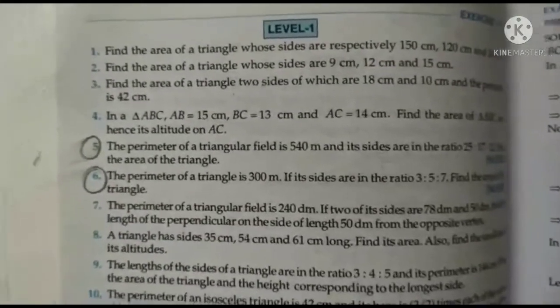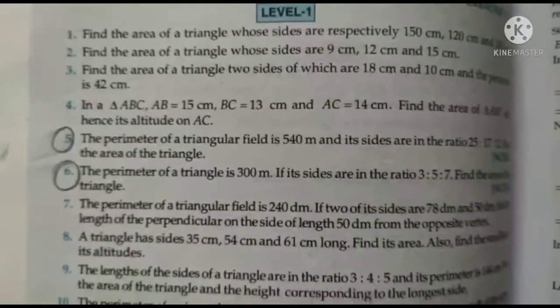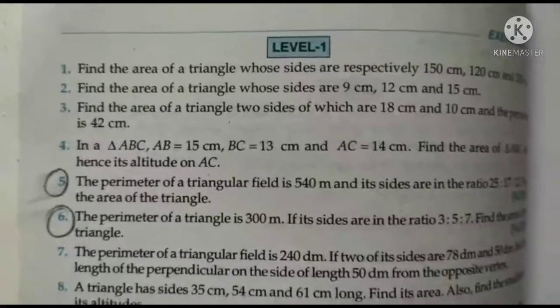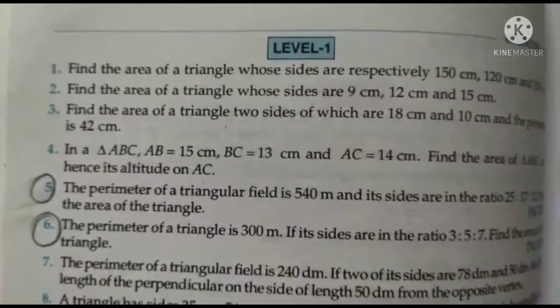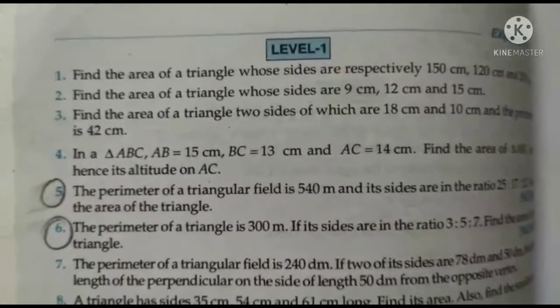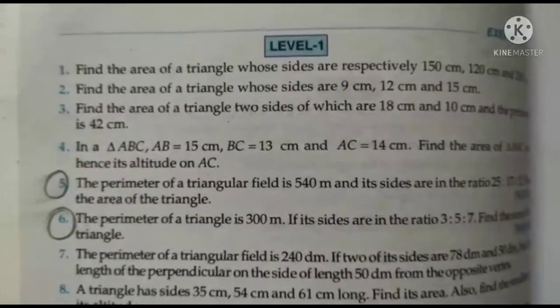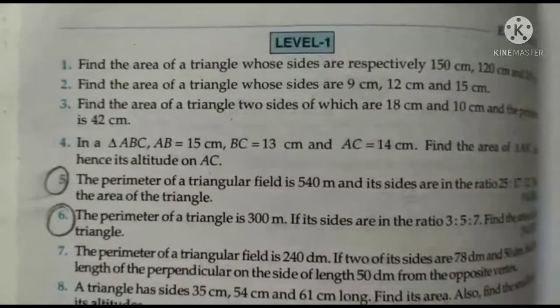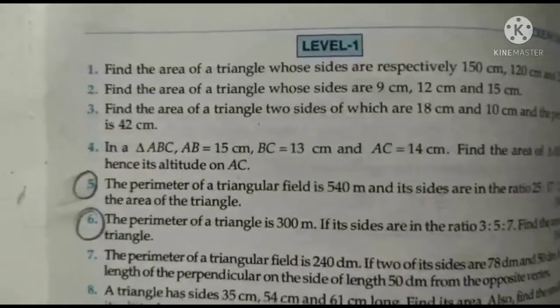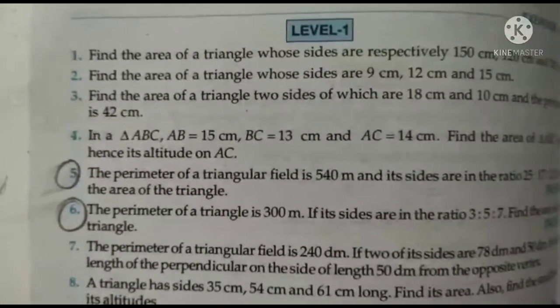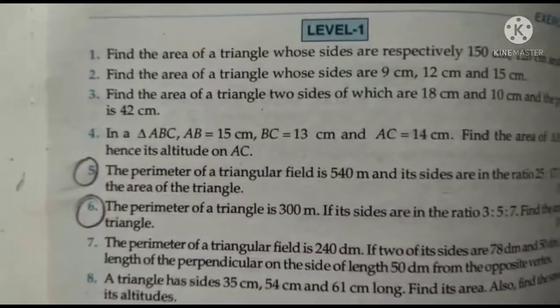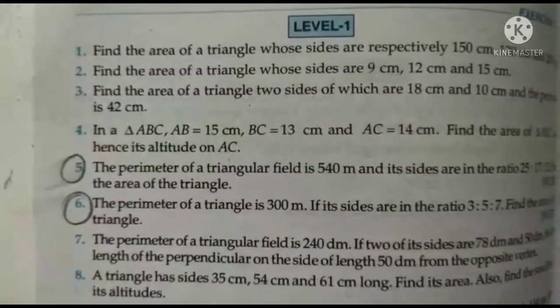And the perimeter is 42 centimeters. The perimeter of a triangle is the sum of all the sides. So 18 plus 10 plus the other side equals 42 centimeters because it is the perimeter. So in place of a plus b plus c, I can write 42 because it is the perimeter.